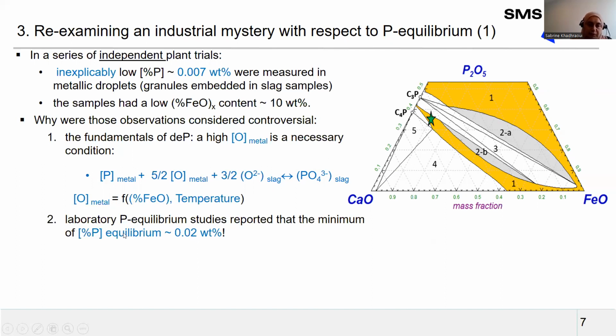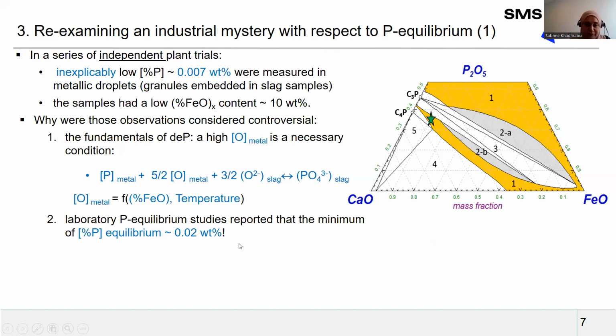The second point is that the laboratory phosphorus equilibrium studies back then reported that the minimum phosphorus that can be achieved at equilibrium, so very low, excellent dephosphorization conditions, low temperature, lime saturation of the slag, a high FeO content of the slag, the best we can get is 0.02 weight%. So not only was dephosphorization taking place where it shouldn't have, but we were getting values lower than equilibrium.